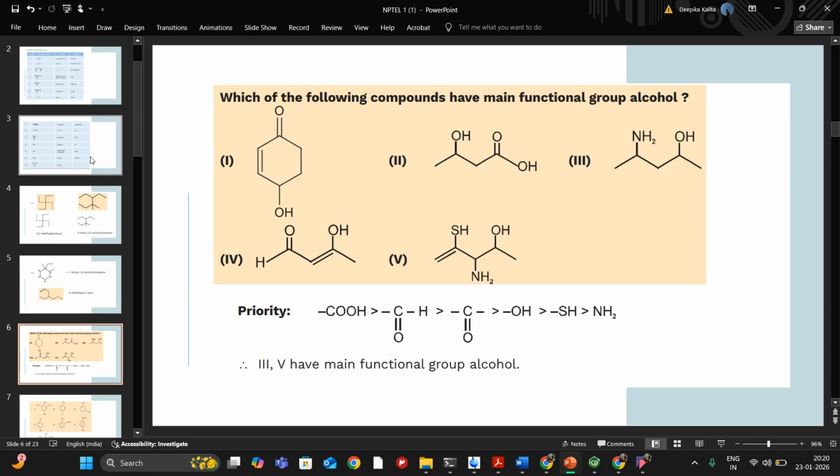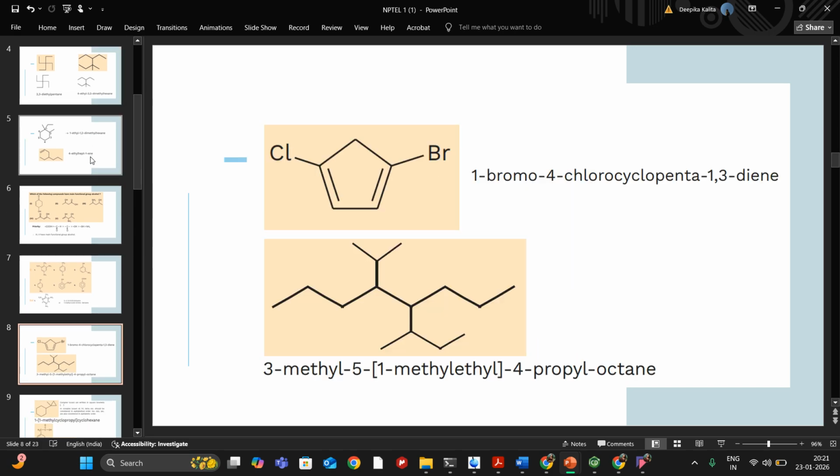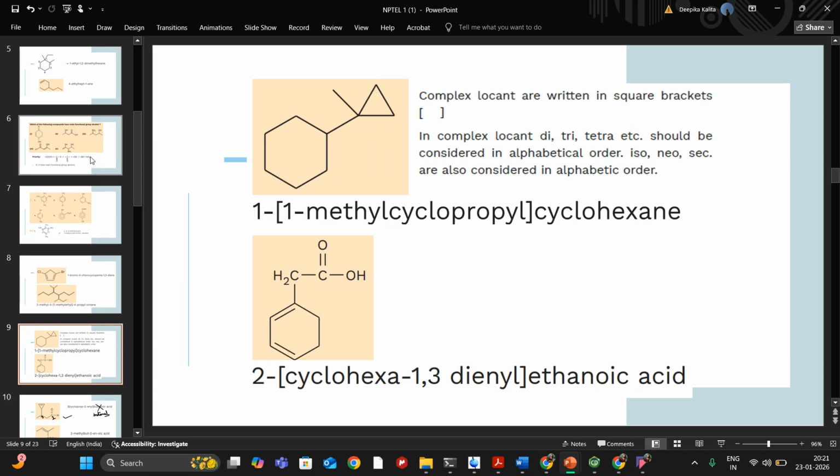Also, we talked about this particular example where we learned that amino and thiol groups have lower priority than the alcohol functional group. Then we tried to name substituted aromatic compounds, and then we solved some more complex problems having multiple bonds and multiple substituents on the parent carbon ring.